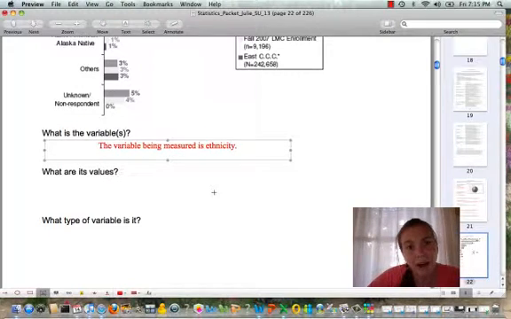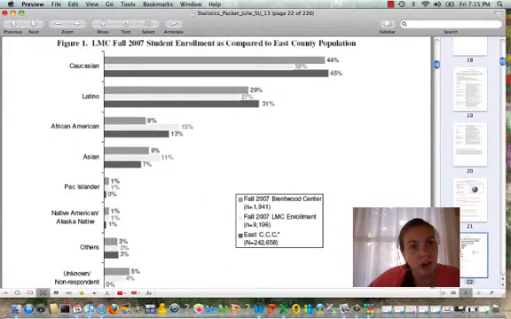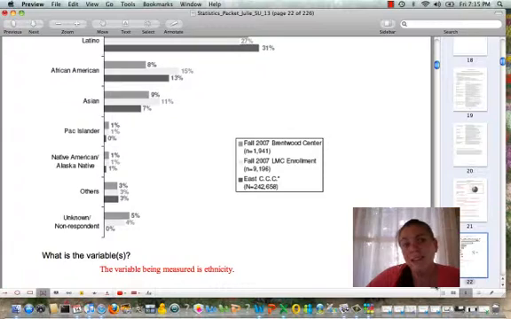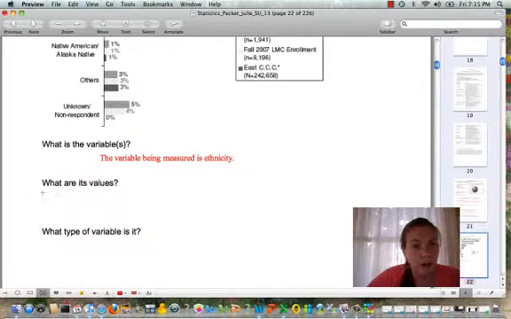And then it asks the values. So if we look here, the values are again these same categories that we saw in the pie chart, the different ethnicities. So the variable takes on the different ethnicity categories: Caucasian, Latino, African American, Asian, Pacific Islander, Native American / Alaska Native, others, and then unknown not respondent.